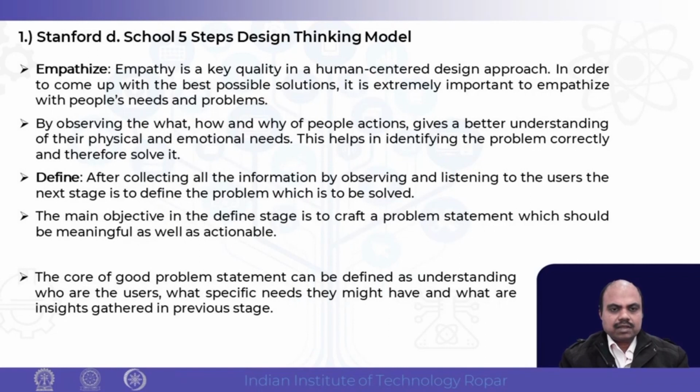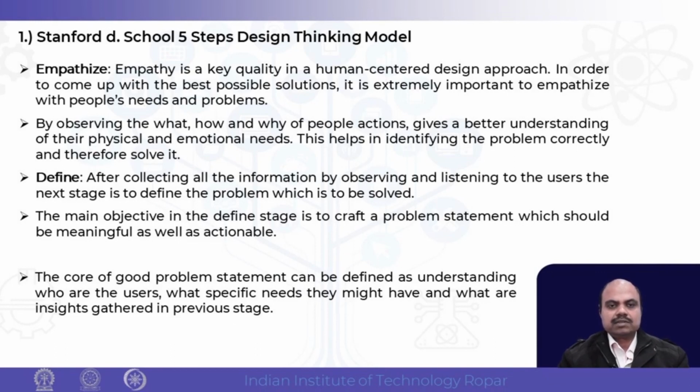In the first step, there is empathize. Empathize is a key quality in the design thinking approach, in order to come up with the best possible solution. Here we observe and empathize with the feelings of the user. Why do people take this action? This gives a better understanding of their physical and emotional needs. The same product designed for different sets of people, younger or older, has different needs, and often they are not able to tell what they need.